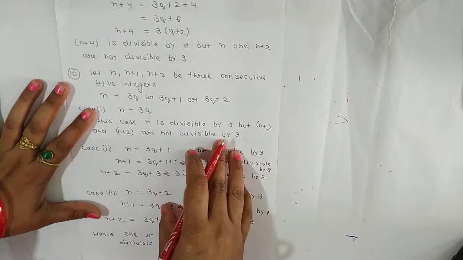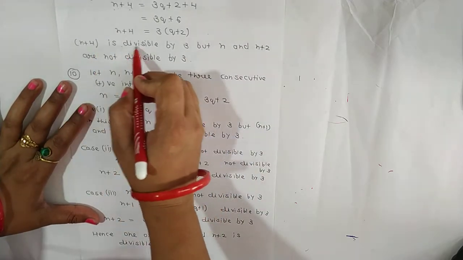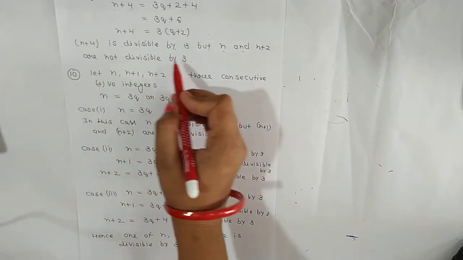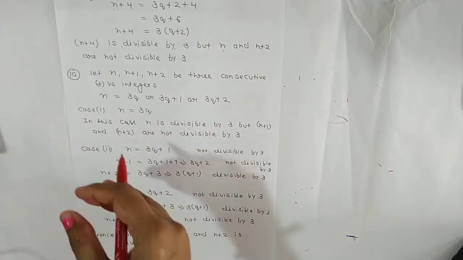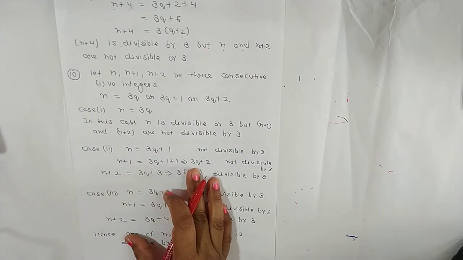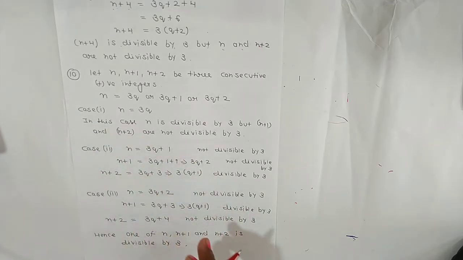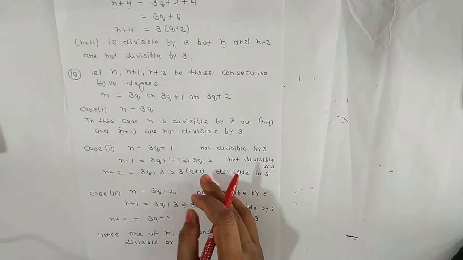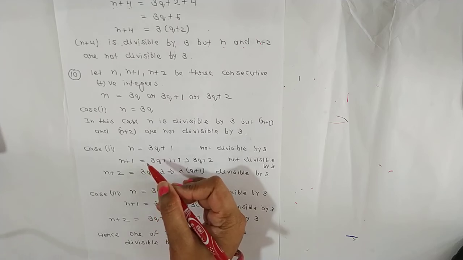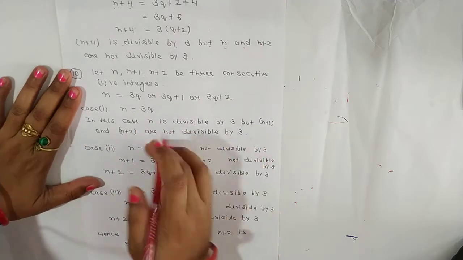So for the final answer, n plus 4 is divisible by 3, but n and n plus 2 are not divisible by 3. Okay. So from these three cases, you can say that one and only one out of n, n plus 2, or n plus 4 is divisible by 3. Okay. Now move on to the last question.